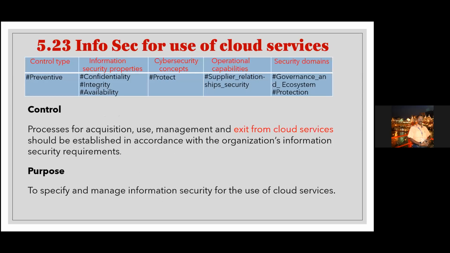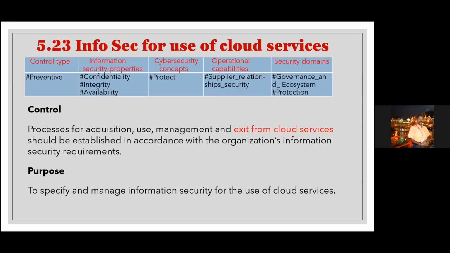The second new control is cloud services. I found this very interesting; it is going to give a lot of work to organizations as well as to auditors and implementers. It covers processes for the acquisition, use, management, and exit from cloud services. So far, in my audit experience, many organizations have put most or some part of their IT environment in the cloud, AWS, Google, Microsoft, everywhere.